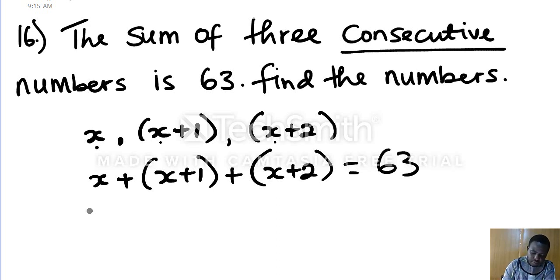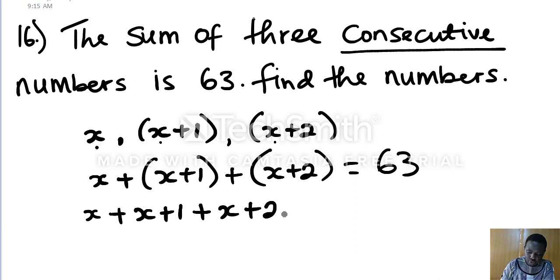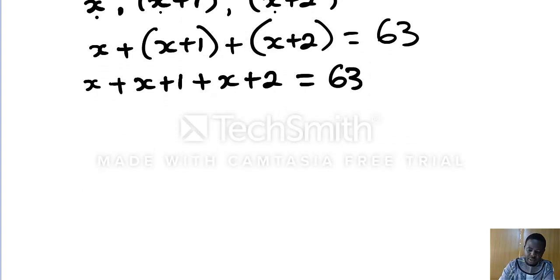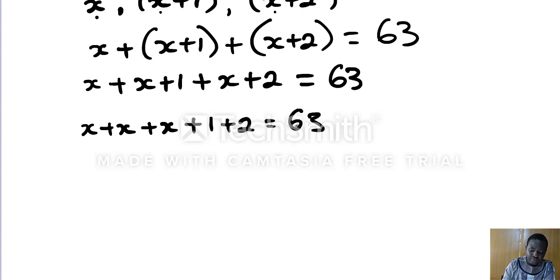So this becomes x plus x plus 1 plus x plus 2 being equal to 63. Then when you sum this together, collect like terms, this becomes x plus x plus x plus 1 plus 2 being equal to 63.